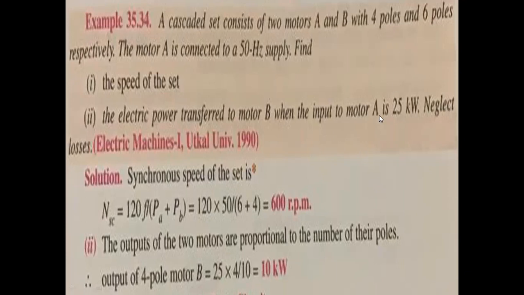The output of motor A is 25 into 4 by total poles 10, that is 10 kilowatts. These are very easy problems.